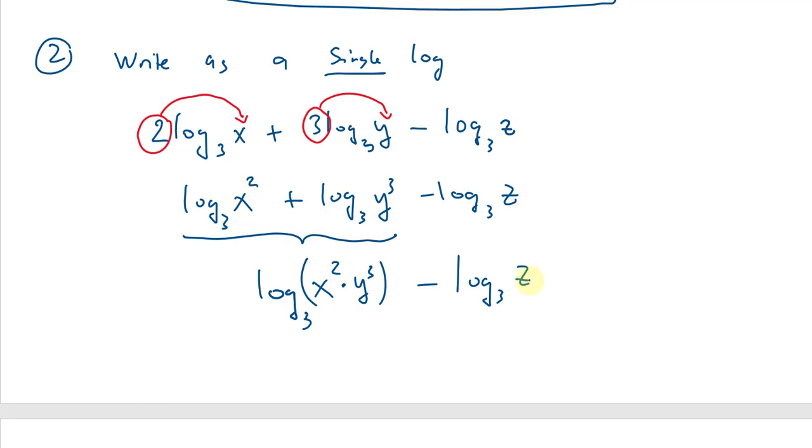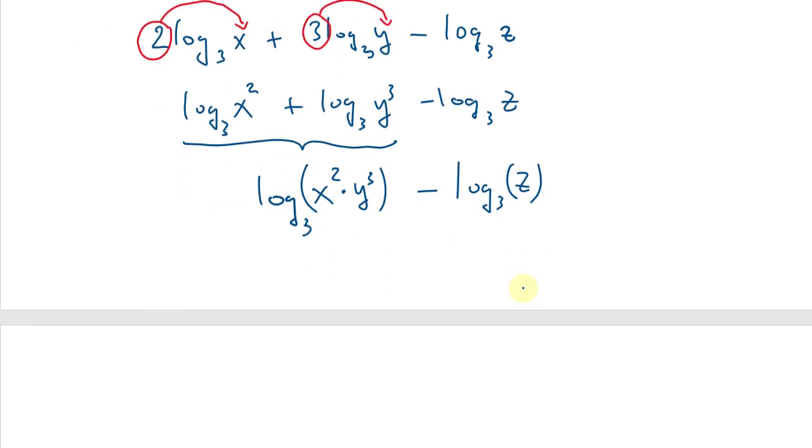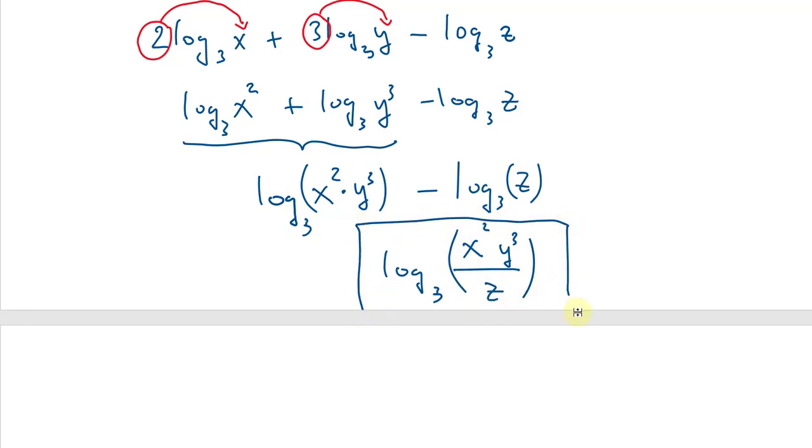Step by step. And then the last thing, this is the log base 3. Subtraction. So I can combine it one more time. Subtraction means the division between this, go to the top, and then z to the bottom. And this is the single log that you are looking for.